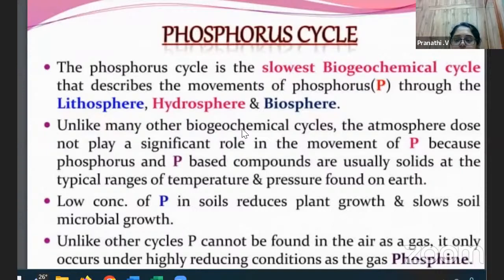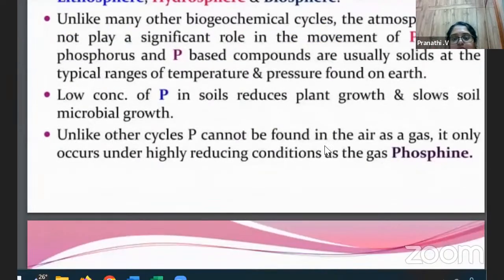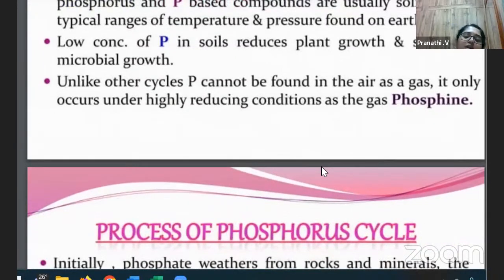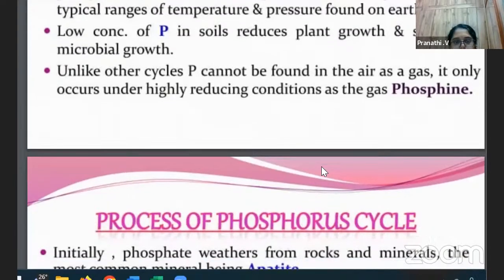So you have low concentrations of phosphorus in soils that reduce the plant growth and soil microbial growth. So unlike other cycles, phosphorus cannot be found in the air as a gas except under extremely reducing conditions, and that too it is found only in the form of phosphine.